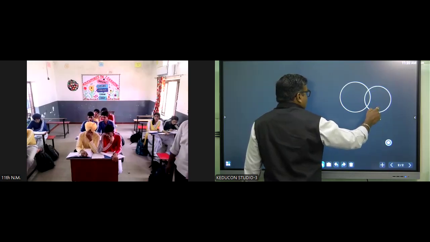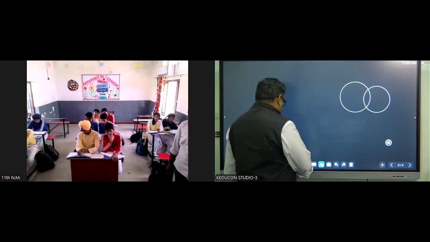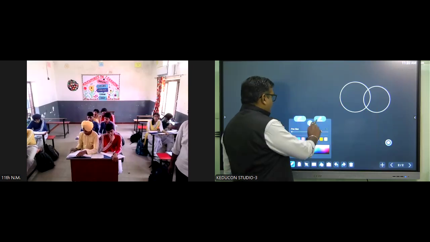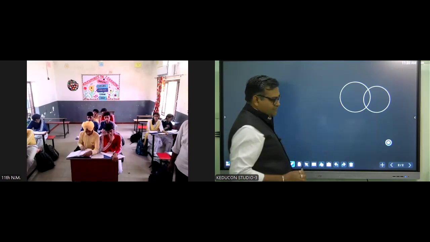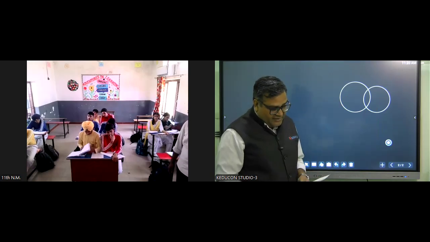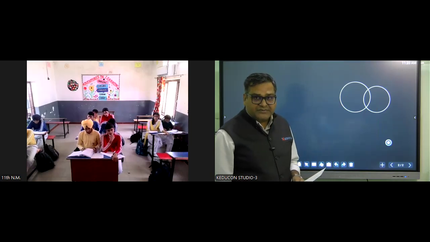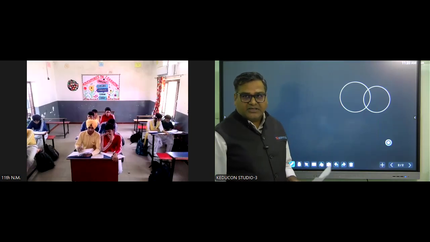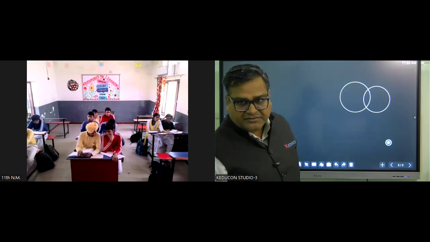Let's say this is the diagram, students. Is this clear? Now what is given: total are 840 persons, right? Total are 840 persons.